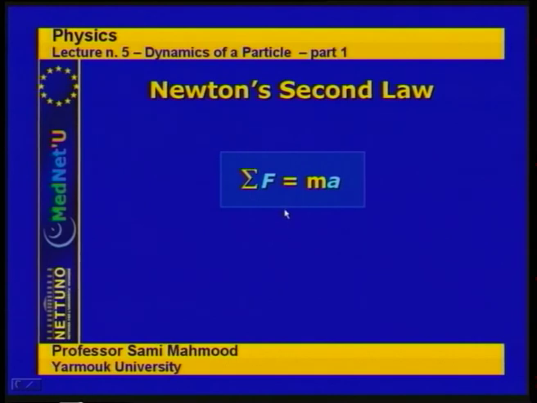So this is the sum or the resultant of the external forces acting on the object. M is the mass of the object on which the external forces are acting, and a is the resultant acceleration of the object.